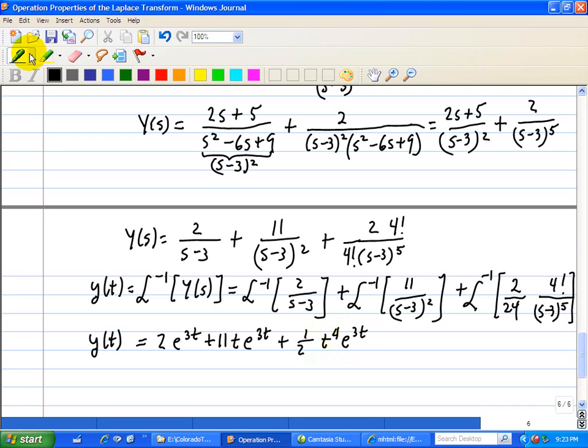So our result of finding the Laplace transform for y of s is given as shown here.